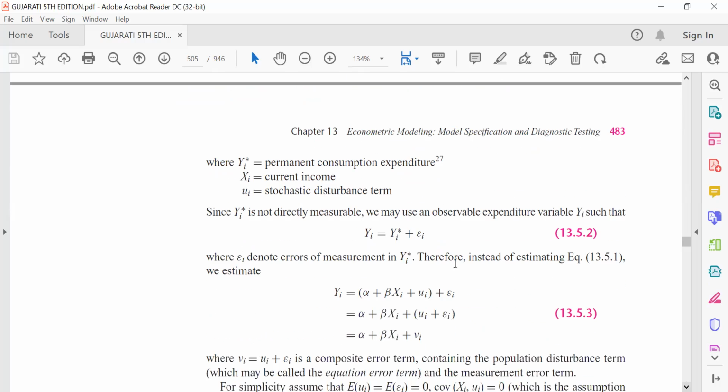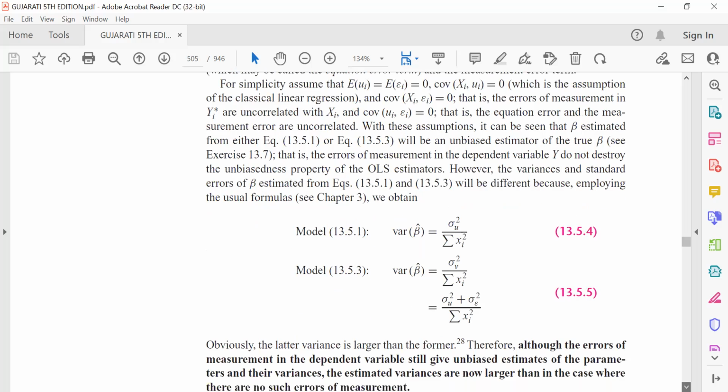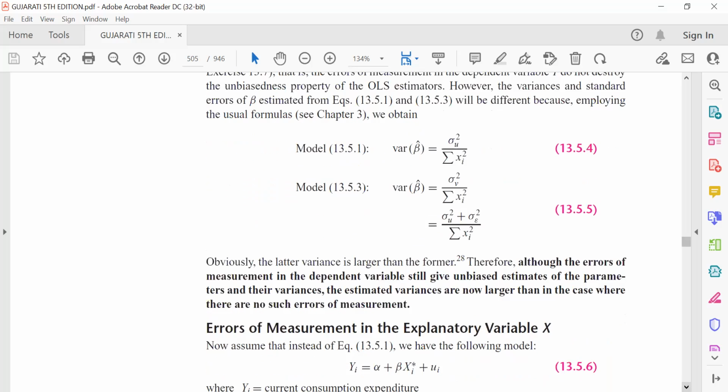And then we estimate this one, equation 13.5.3. Here we have a residual. Actually, our residual is a residual but also contains residuals from other equations.